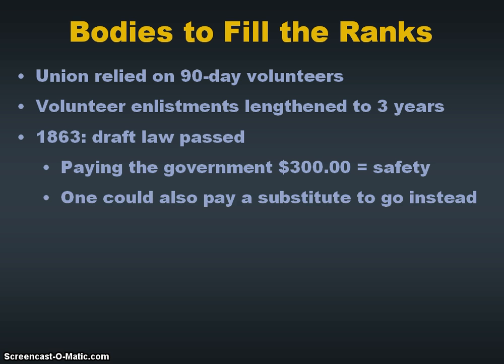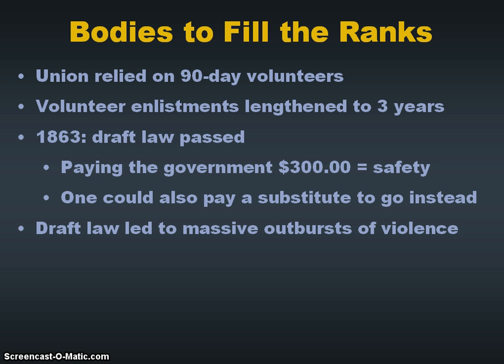You could also pay a substitute to go instead, and newspapers from the time are full of columns of "substitute wanted, substitute needed," and it would tell how much they would pay. Now, you could make pretty good money, anywhere from $300 up to $1,000. It just depended on who was paying, how desperately they did not want to go. So it was a way to make money. It was a dangerous way, but it was a way.